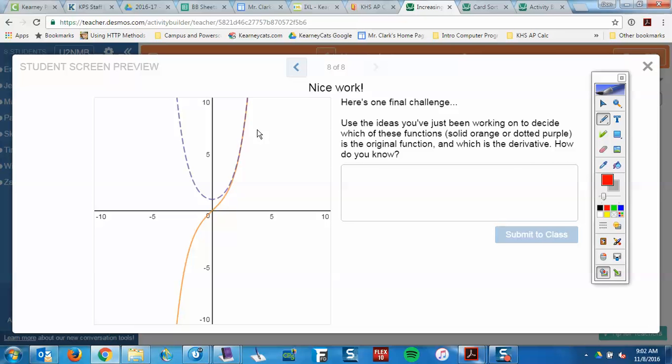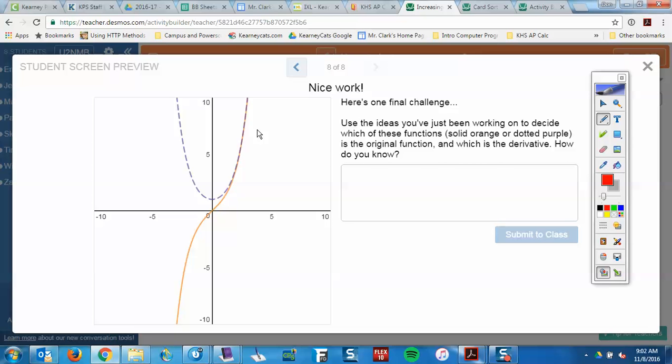There's really not enough information to tell for sure, but it looks like they could be. Now, as it turns out, if the orange was going to be F, this looks kind of like an x cubed, and then this was an x squared, that would work.